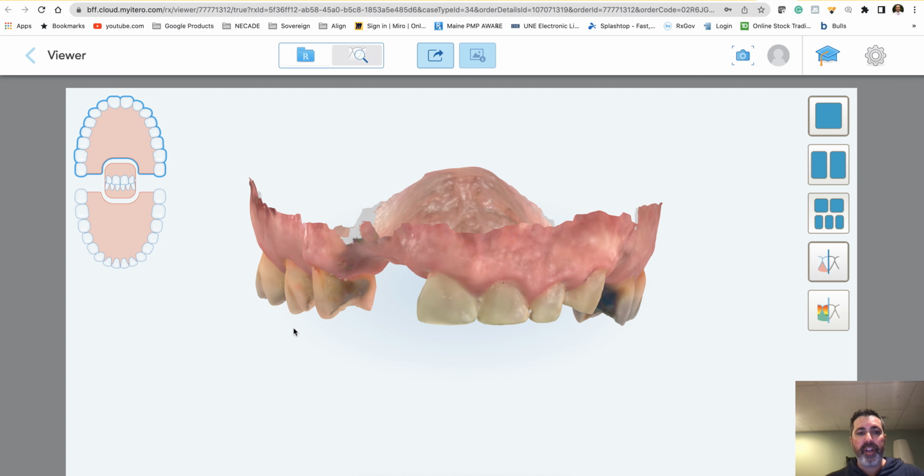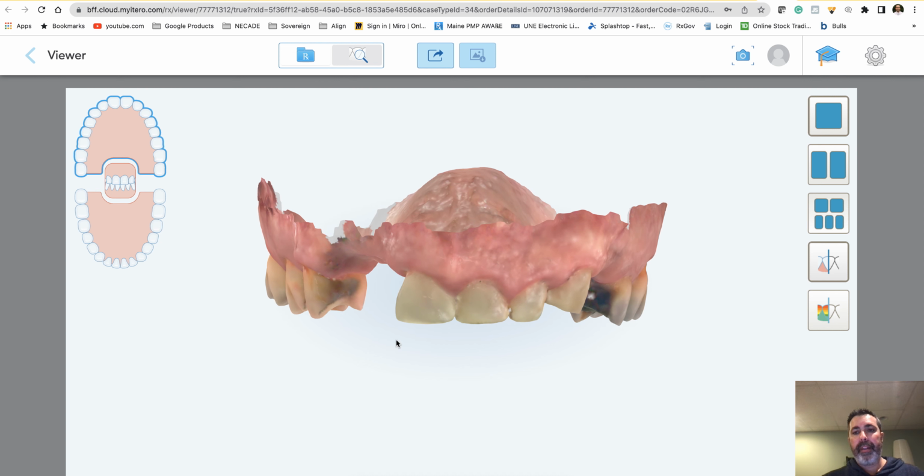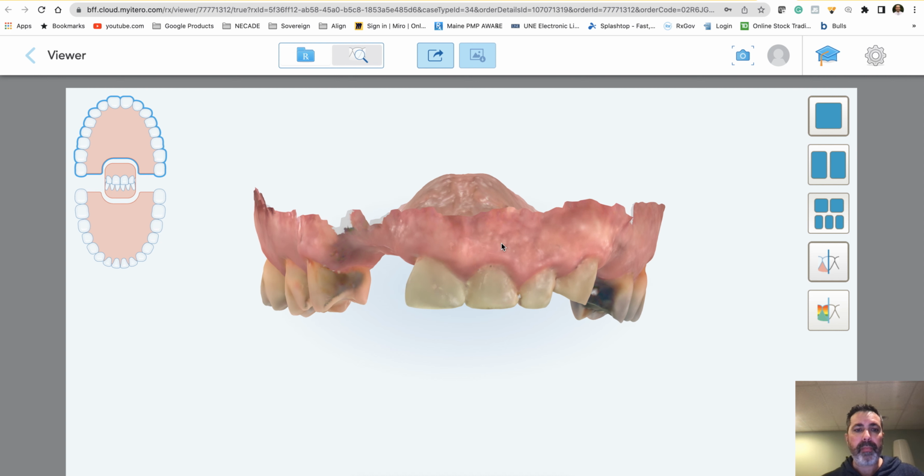But always remember, you can use the existing teeth as a communication tool for the occlusal plane of the upper arch. If this was a complete denture, I would look at the incisal edge of 8 and 9. That's always your starting point.